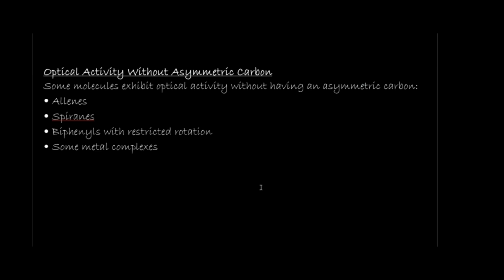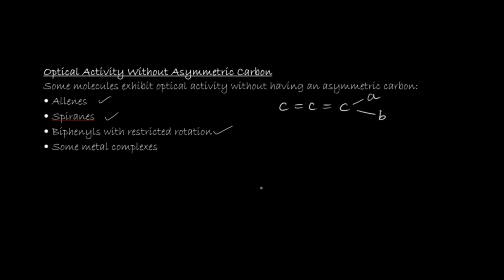Those molecules are allenes, spiranes, biphenyls with restricted rotation, and some metal complexes. Here, these names are important. I'll give you the structure. If an examiner gives you the structure, then you will be able to answer this question.